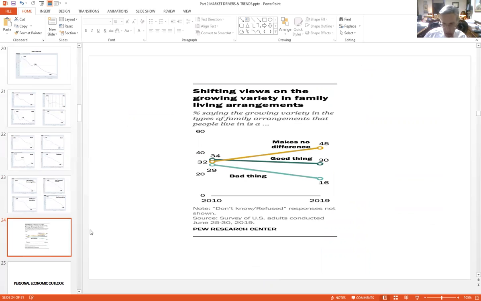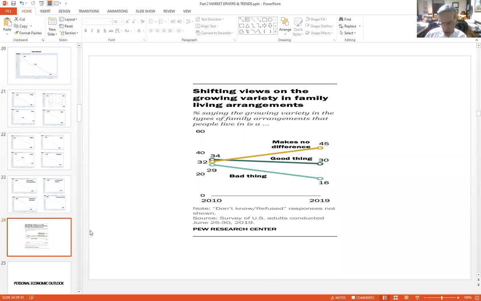One of the things that you need to be aware of is that people's attitudes about families, birth rates, family formations, and so forth also have differed.